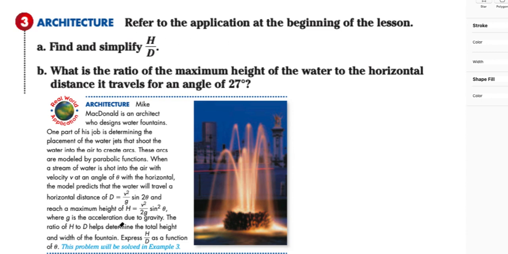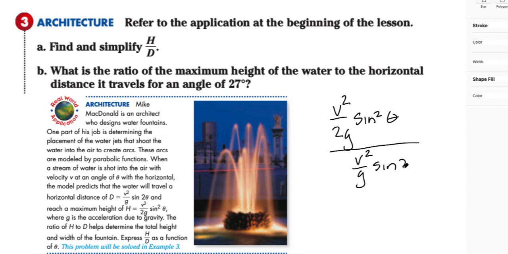So since we're going to do that, let's come down here and see if we can figure out what H over D is. H is given as this formula, V squared over 2G times sine squared theta. That's H, got that right? All of that is going to be over D, which is V squared over G times sine of 2 theta.